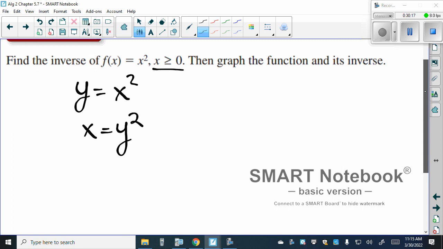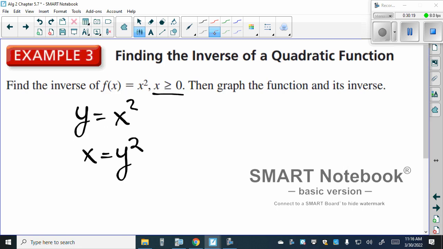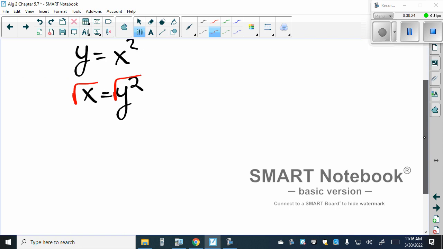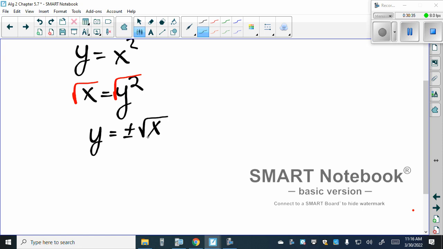Now to get y by itself, we have to square root both sides. And if we take the square root of both sides, we get that y is equal to plus or minus the square root of x, yes?